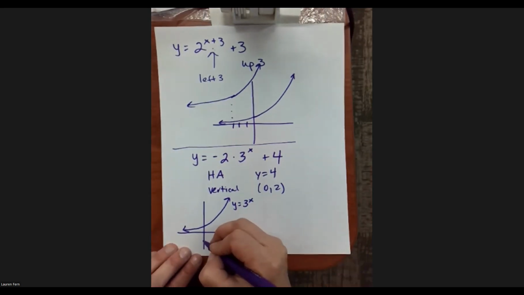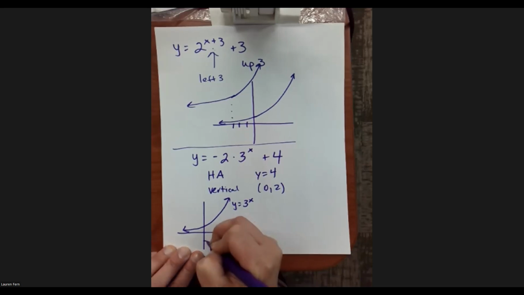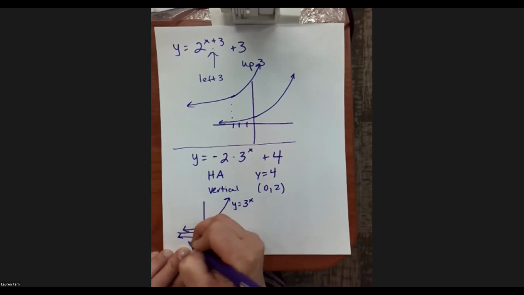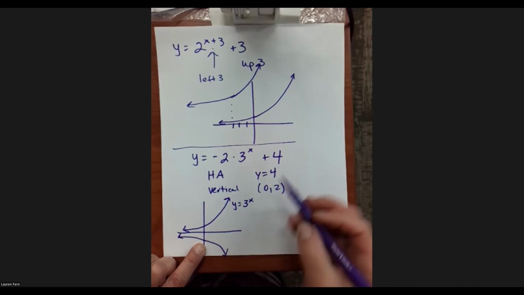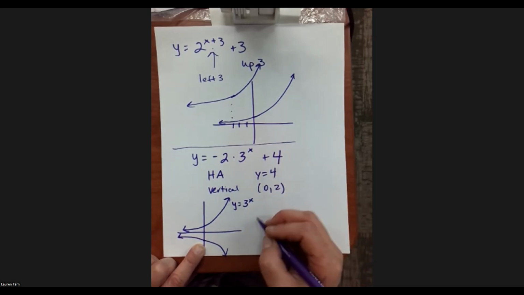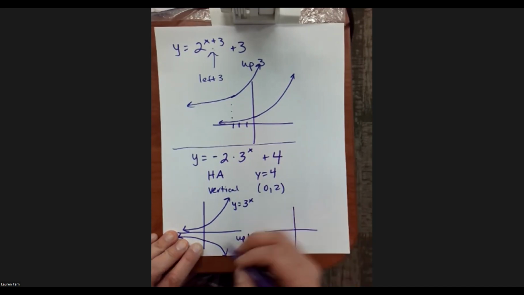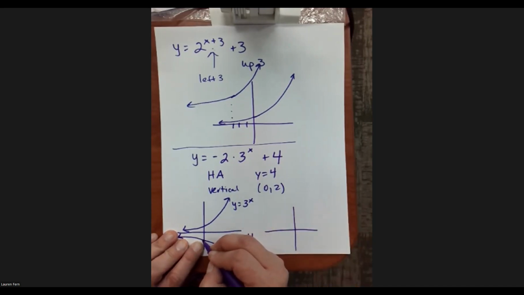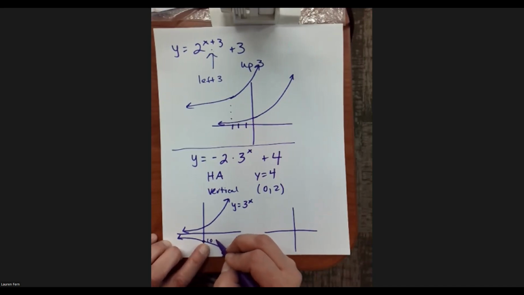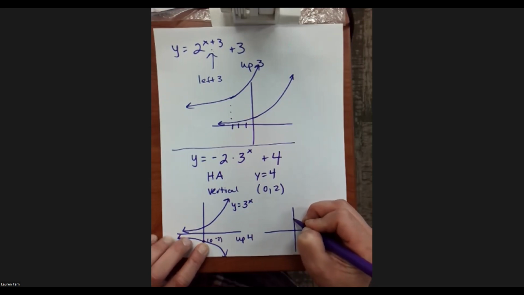Reflected about the x-axis. So we've now reflected it about the x-axis and stretched it. And now that we've done that, what does this plus 4 do? And then we shift it up 4. So again, if we've reflected it, we're at -2, and then we go up 4.